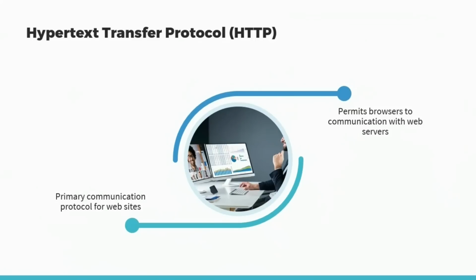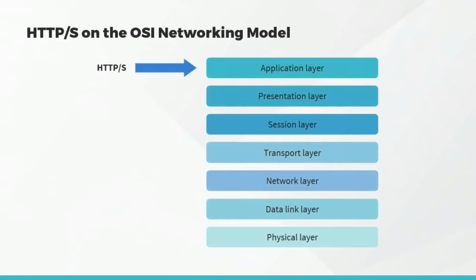Now, some browsers don't actually show the letters, but they're simply being suppressed from the display. The protocol itself is most certainly still being used. Both HTTP and HTTPS operate at the application layer of the OSI model, which is the highest layer and essentially means that it is used by an application, most commonly a browser, to indicate which type of service is being requested of the server.